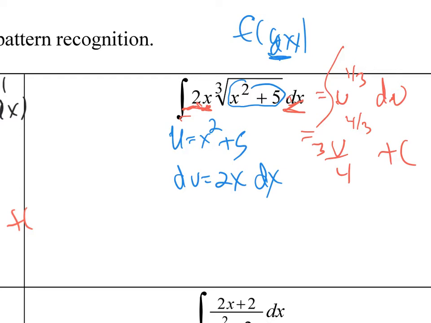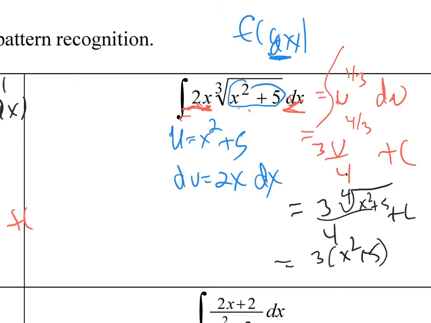But since my function is in terms of x, I need to substitute back the correct notation. I'll just leave it as 4/3. I could say 4th root of my u, which is x squared plus 5, over the 4 plus c. But most of us would have just said 3 over 4 times x squared plus 5 to the 4/3 power plus c.